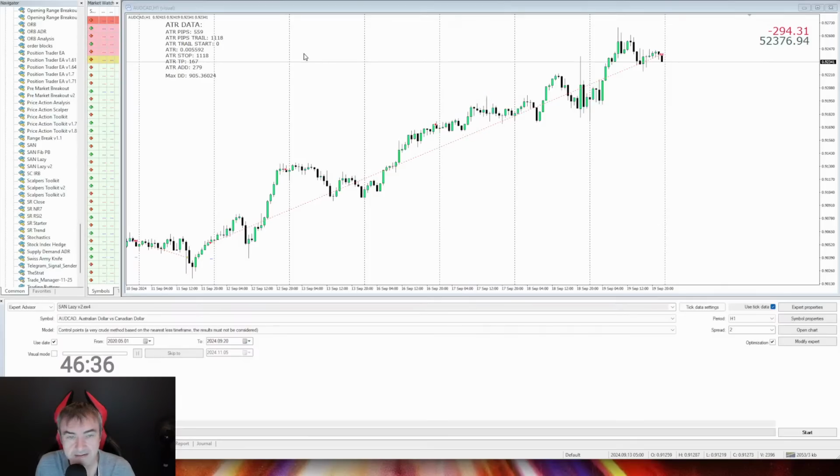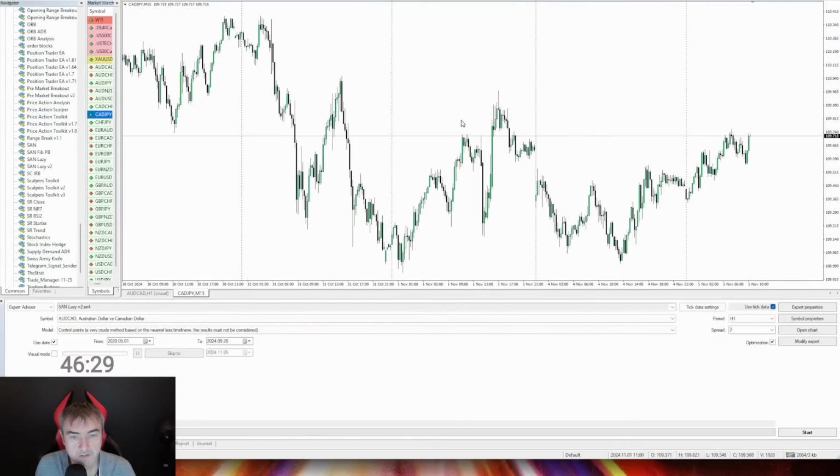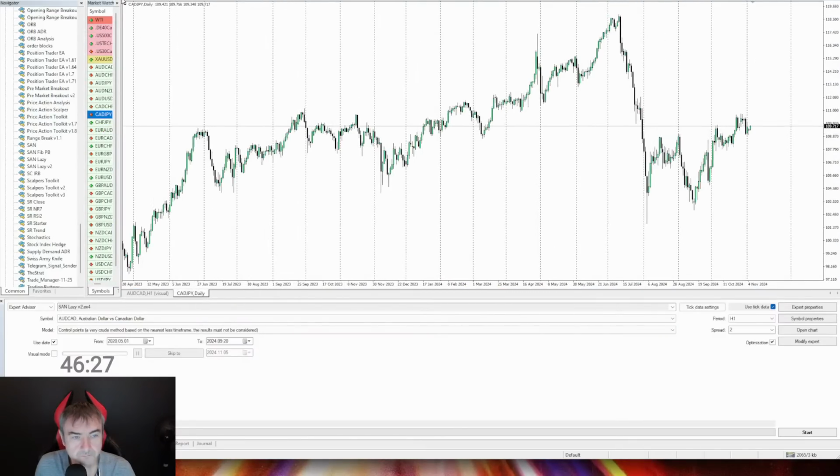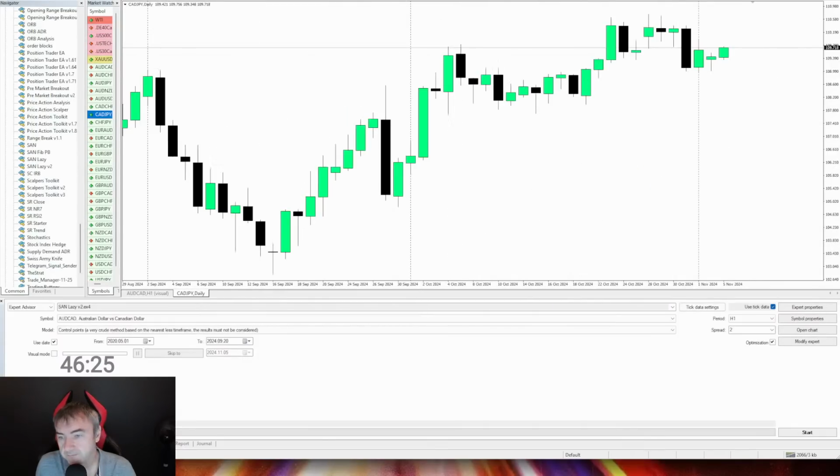So if we look at a daily candle, yeah, that's your close there. That wick there cannot be more than 30% of the entire day's range, or 20% or 10% or whatever you want to set.